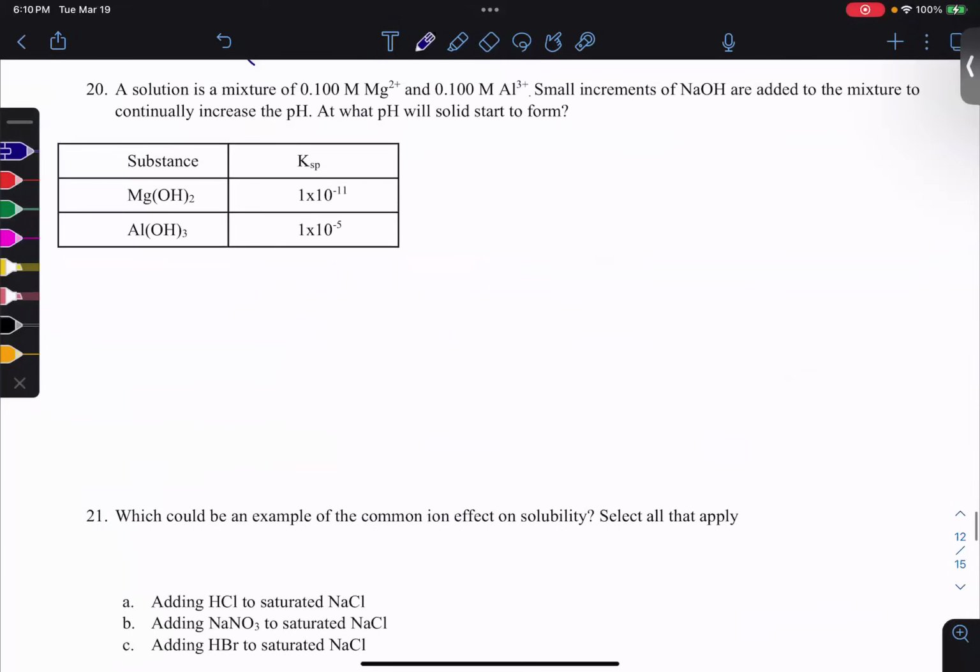So that's what's being shown in question 20: we have a mixture of magnesium and aluminum. We add small increments of sodium hydroxide. Which solution will precipitate out first? We can quickly write out the KSP expressions for this. We have magnesium 2 plus times hydroxide minus concentration squared.